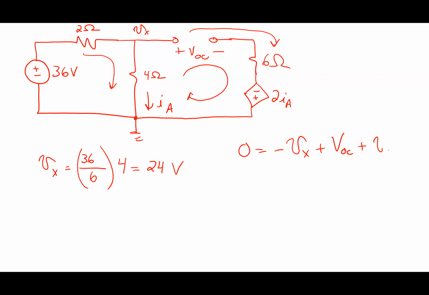Plus whatever V6 is, minus 2IA, right? I did a KVL around that loop, right? Where I called this V6, like that. Now, V6, the voltage on that 6 ohm resistor is, we just said, 0, right? So that tells me that VOC is equal to Vx minus 2IA.